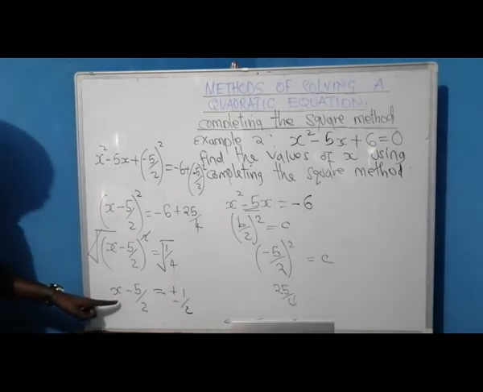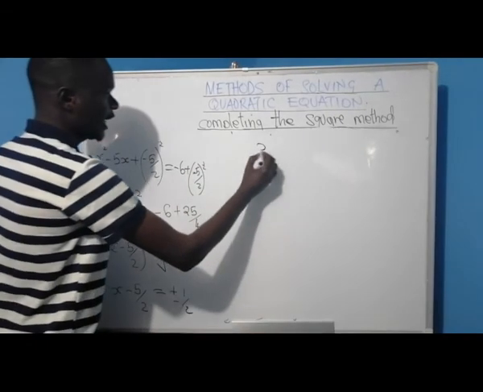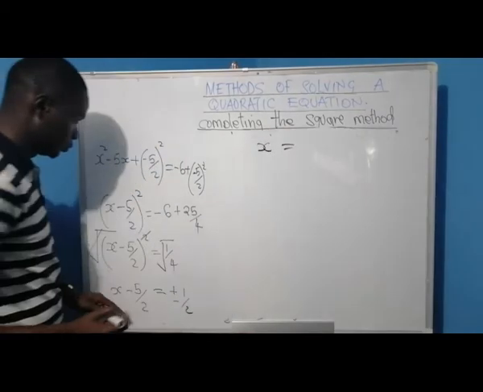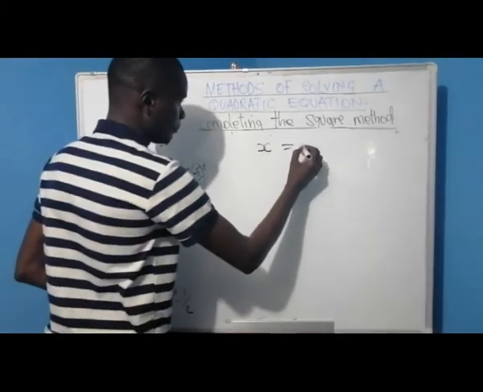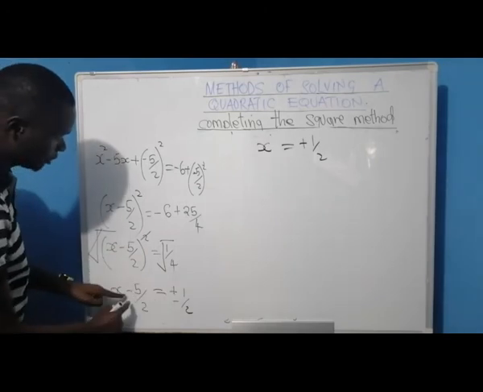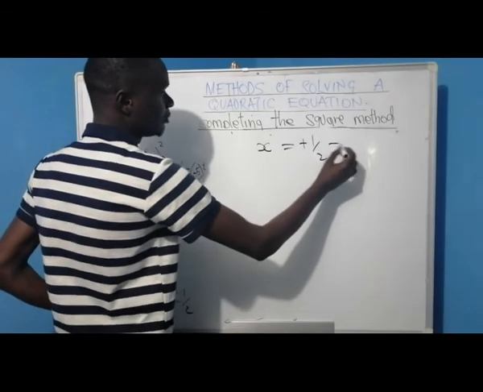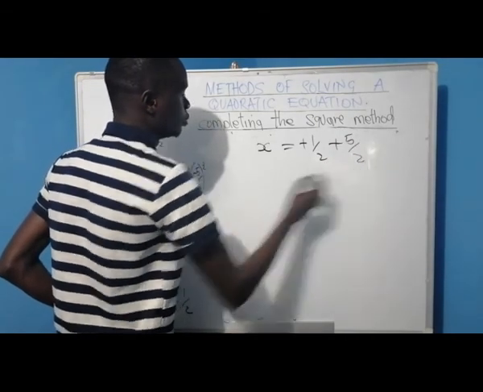So to find the value of x, we take negative 5 over 2 to the other side of the equation. So we have x being equal to either positive a half, we are starting with this sign, positive a half, then this is a negative 5 over 2. When it crosses the equal sign, it becomes a positive 5 over 2.